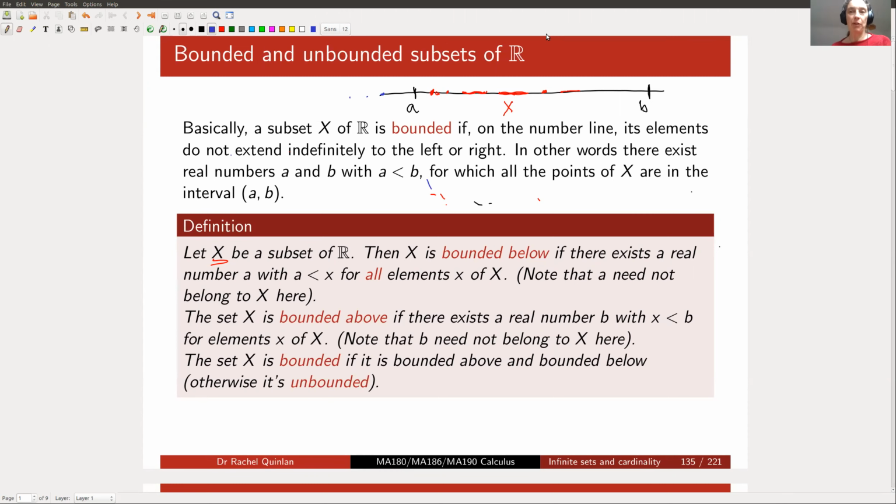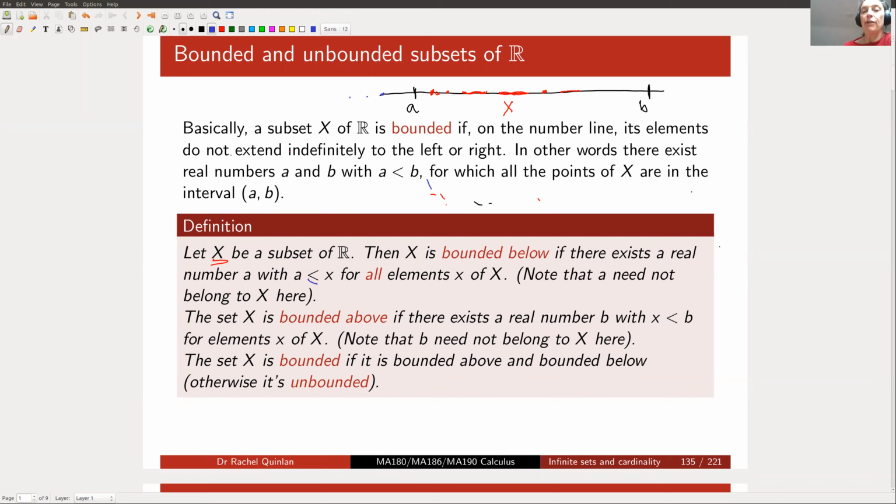So X is bounded below if there's a real number A for which A is less than every element of X. And whether or not A belongs to the set X, well, A won't belong to the set X if it's less than everything in X, but it could be less than or equal to.